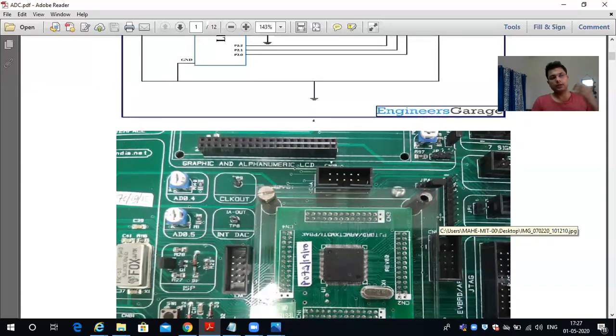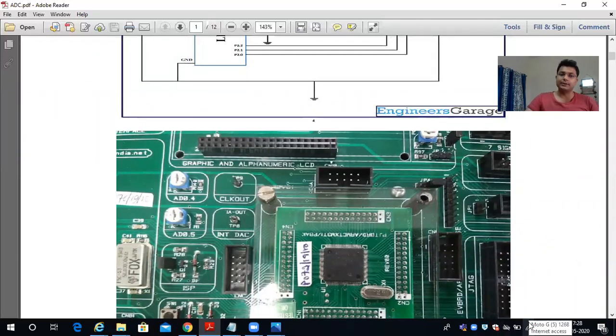In this situation, whatever the temperature sensor produces will first go to the analog to digital converter module. That module will convert it into a digital signal, and that digital signal will be fed to our microcontroller. So in these situations we do require an analog to digital converter, and that's why this is an important peripheral.